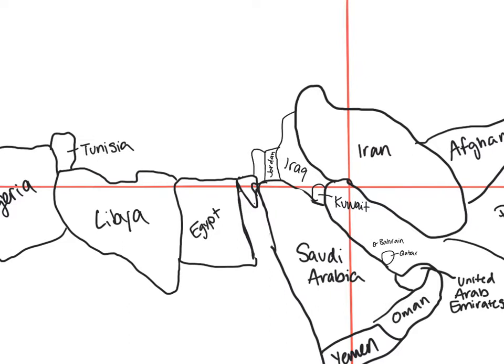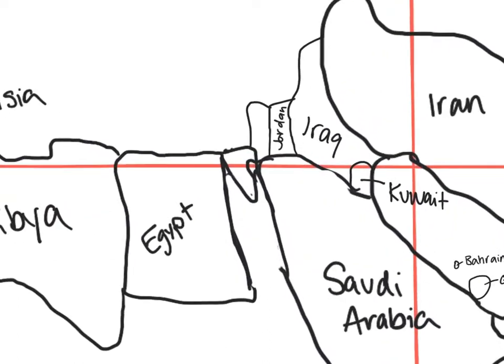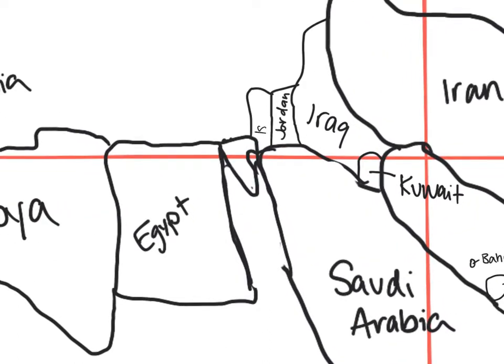I don't have room. How do you not have room? It's the way I shaped Saudi Arabia and Syria doesn't give me any room. Well, my Iraq doesn't look like Iraq either, but it's touching the right people. This is Israel.